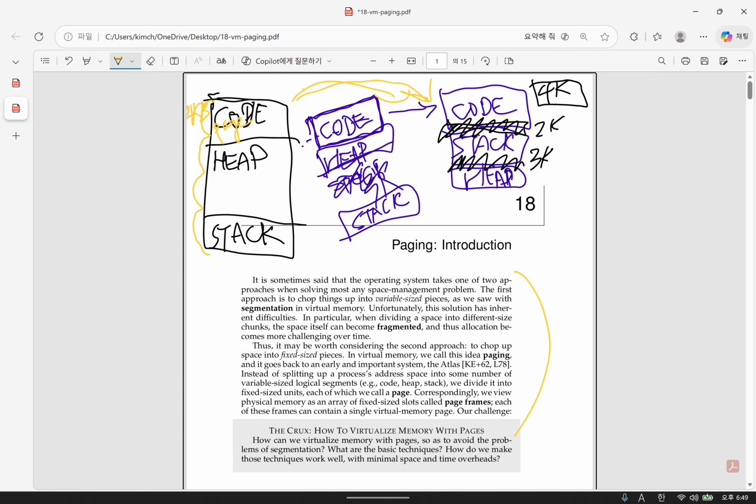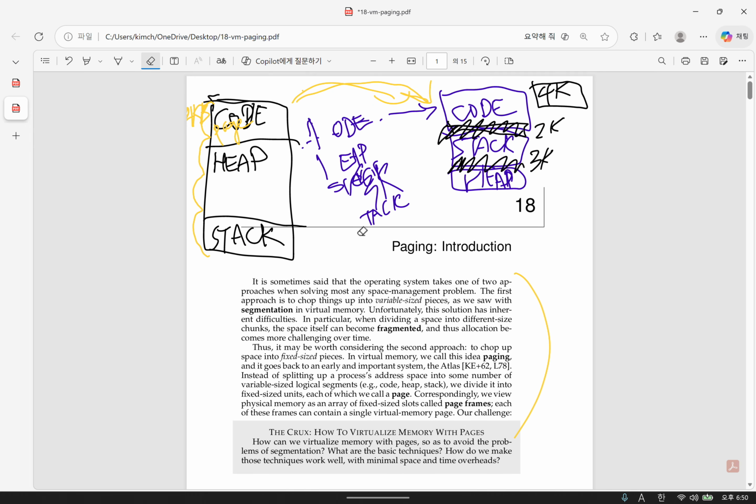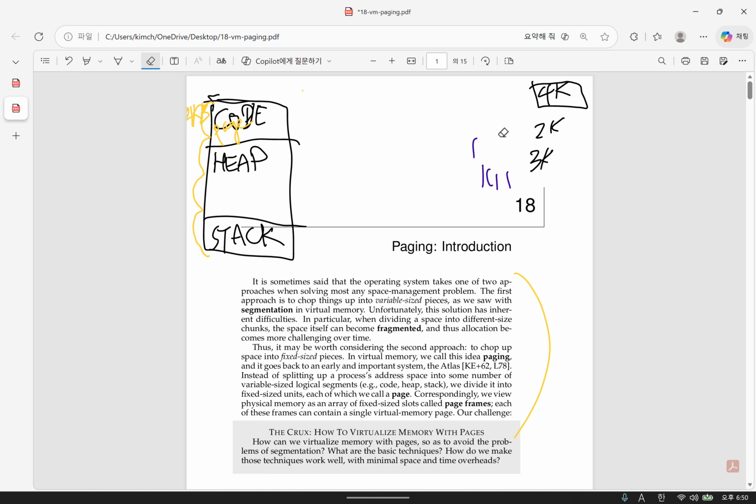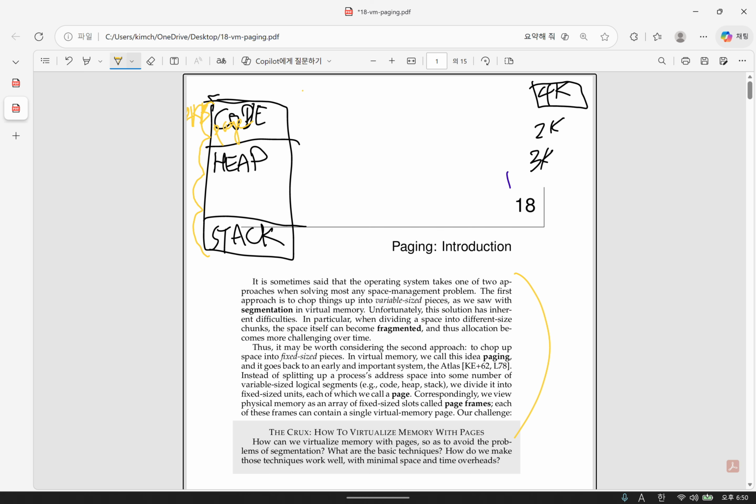It's going to point to the physical memory, and the physical memory is also going to be divided into 4 kilobyte slots, and these slots are called page frames.